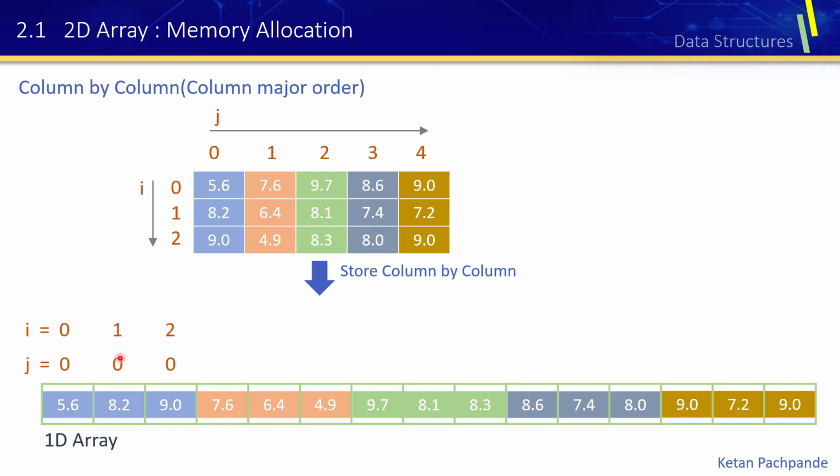So here 1 and 0. Similarly, the third element of the first column is row number 2 and column number 0. So 2, 0. So here the first column ends. Then the next column, that is 0th row and first column, first row and first column, and second row and first column. Similarly, with respect to index, I have shown all these elements.